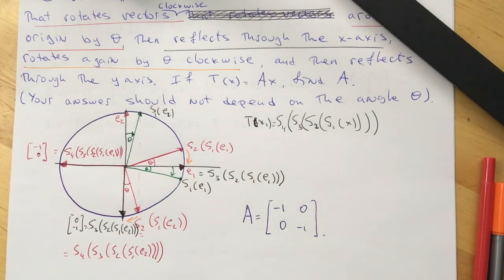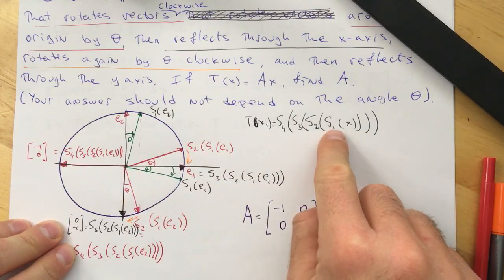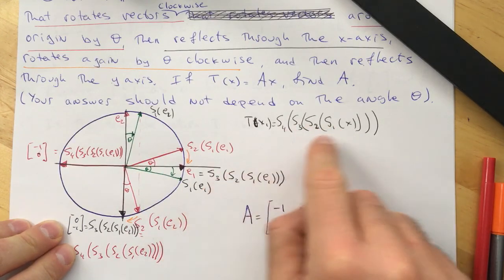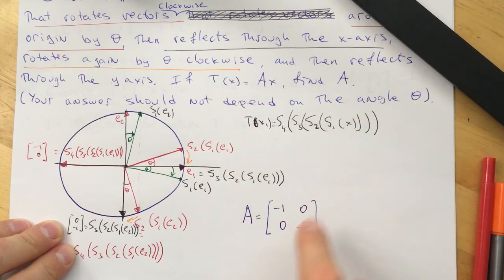And that's the matrix A. Okay, if you want, you can also go through each different matrix of transformation and perform this multiplication of 4 matrices, and you have to end up with the same answer.